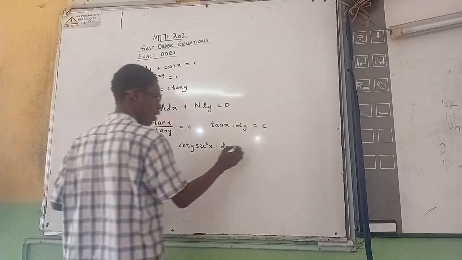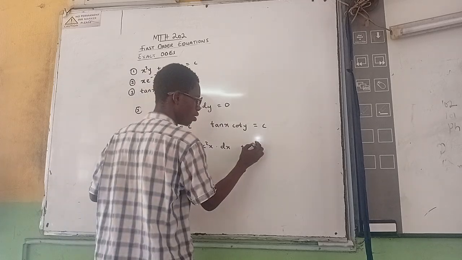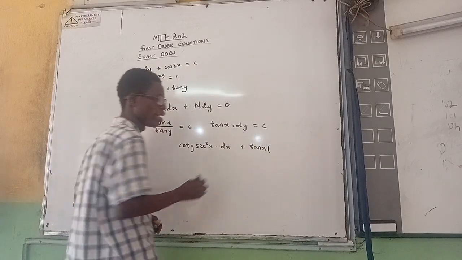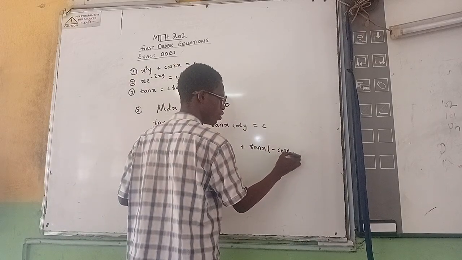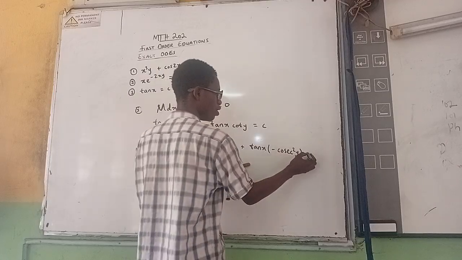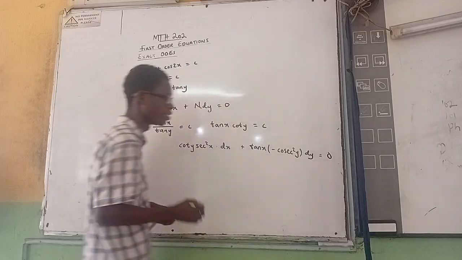Now, about my N, I'm differentiating with respect to y. So tan x is a constant. If I differentiate cot y, I get minus cosec squared y. Now I've differentiated everything with respect to y, and the constant differentiates to 0.